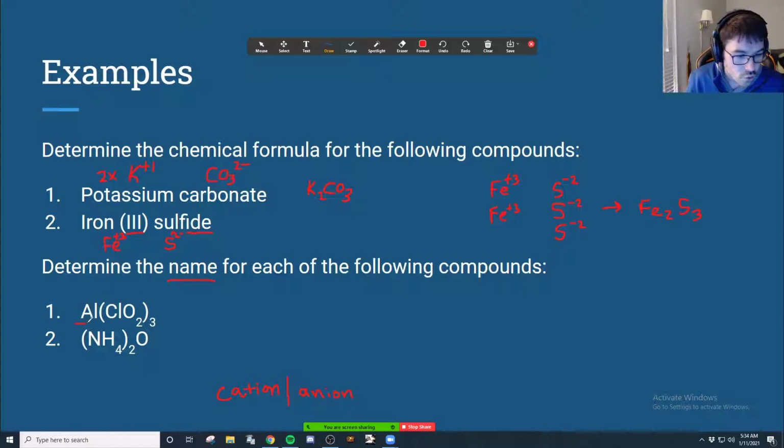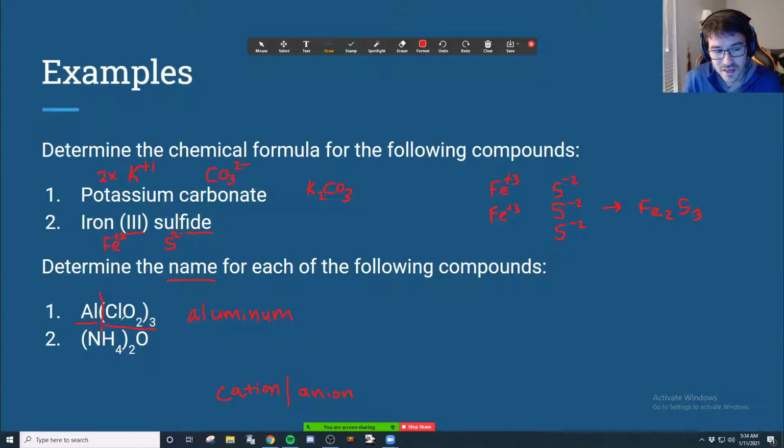Here I have aluminum, and then I've got this, whatever this stuff is, okay? So this looks like my dividing line right here, okay? I've got aluminum, and then whatever this is, and that's going to be your name, okay? Aluminum, that's the name of my cation. This looks like a polyatomic ion, right?